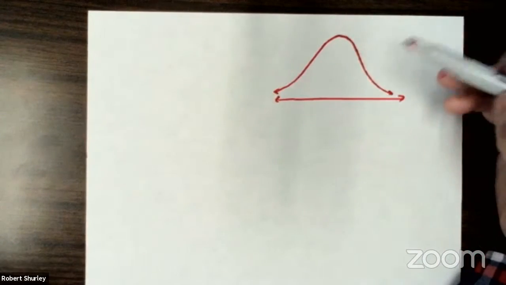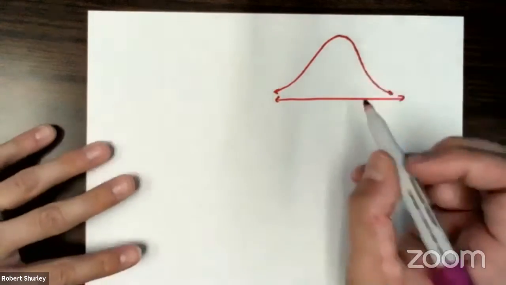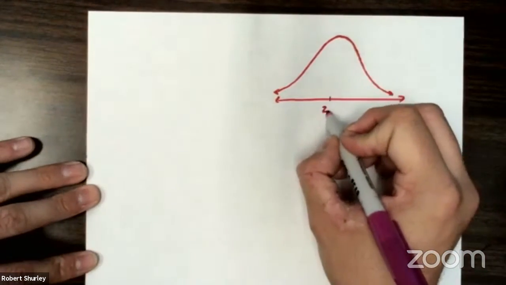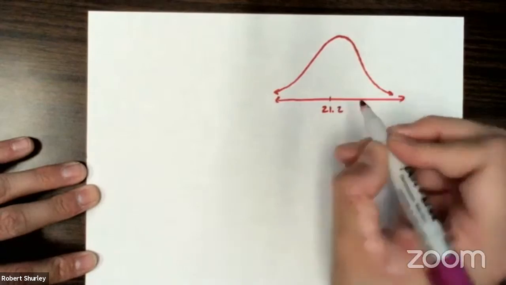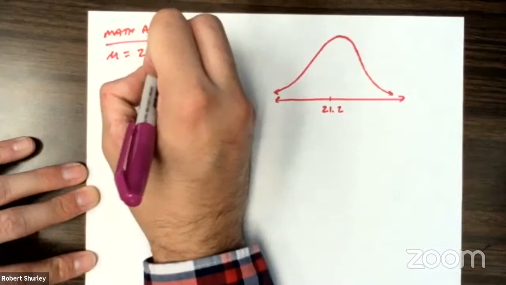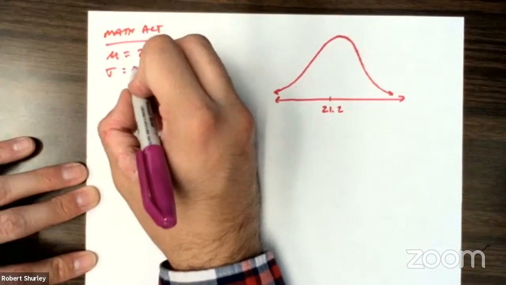I'm going to write this one out, using the example we had. Remember, it was centered at 21.2, that math ACT. The mu was 21.2 and the standard deviation was 2.6.